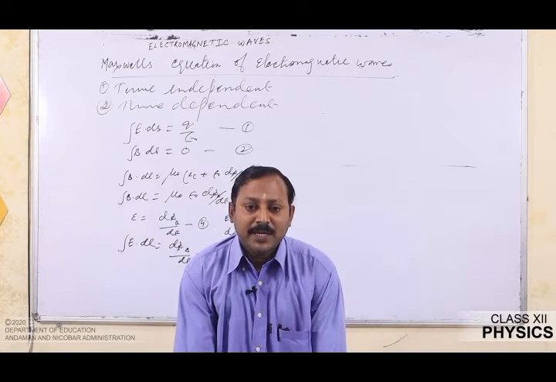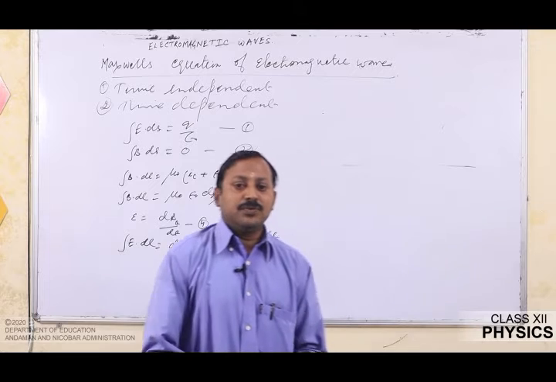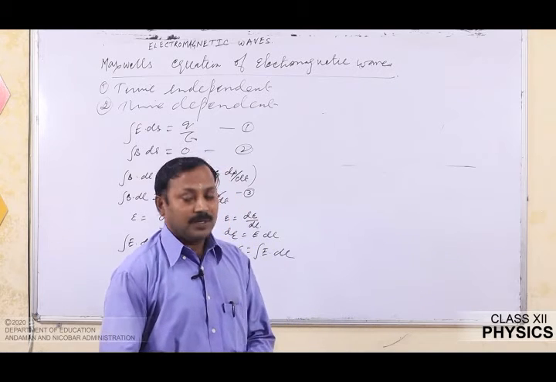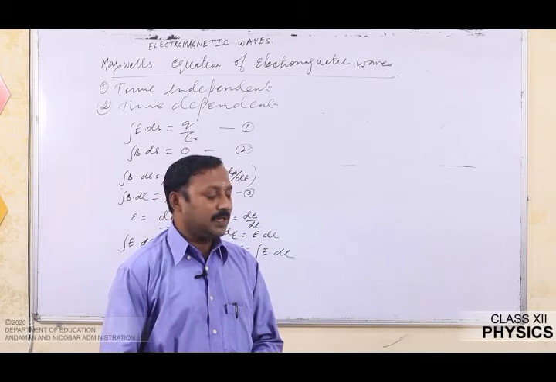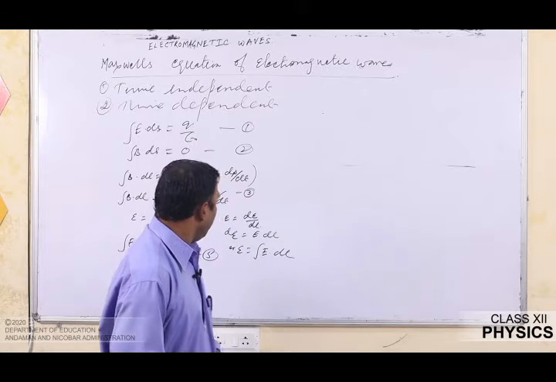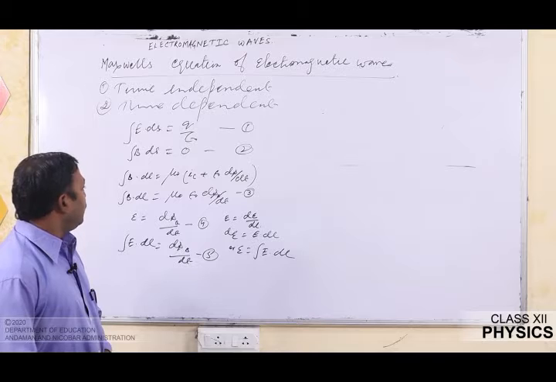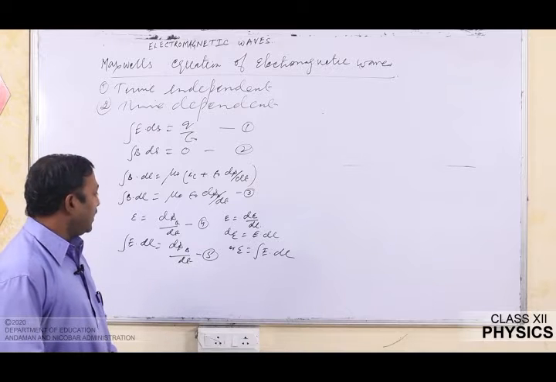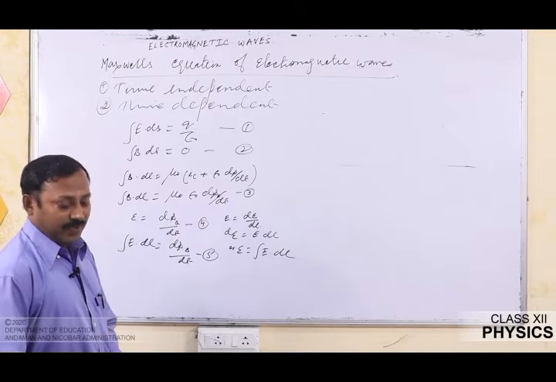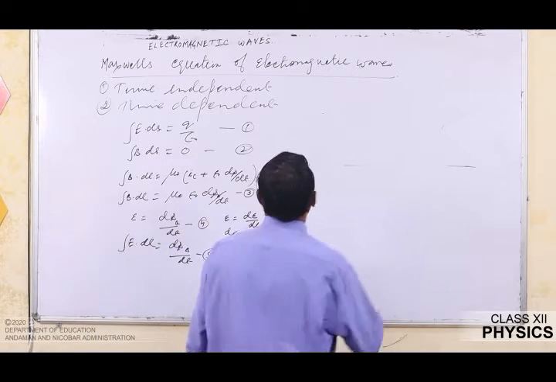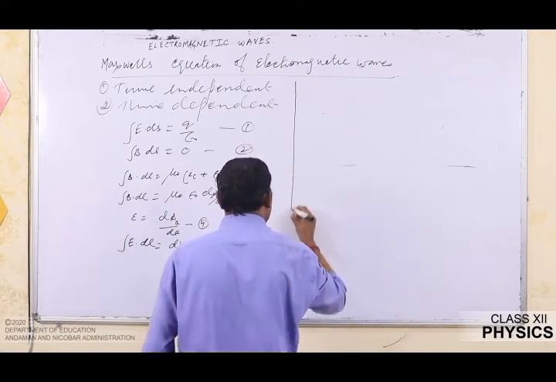Therefore, an electromagnetic wave is produced due to an oscillating charged particle or an accelerating charged particle, and it can be defined as the wave produced due to the interaction of oscillating electric as well as oscillating magnetic field. So the electromagnetic waves graphically can be represented as follows.